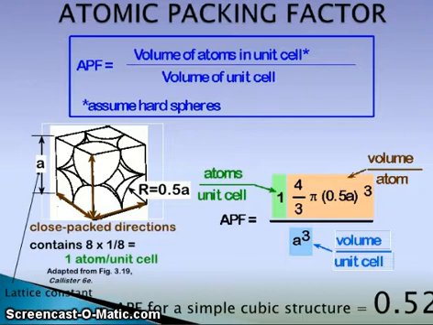So you can see here a, and R is equal to 0.5a. Close-packed direction contains 8 times 1/8, so 1 atom per unit cell. So atoms per unit cell Z is equal to 1, volume per atom 4/3 pi (0.5a) whole cube, divided by a cube.